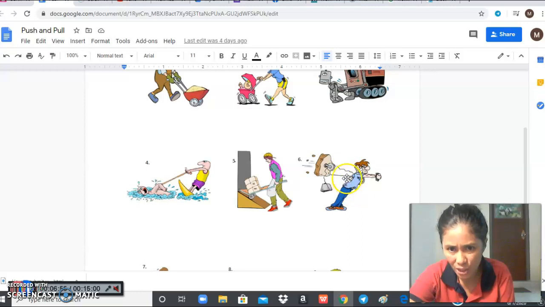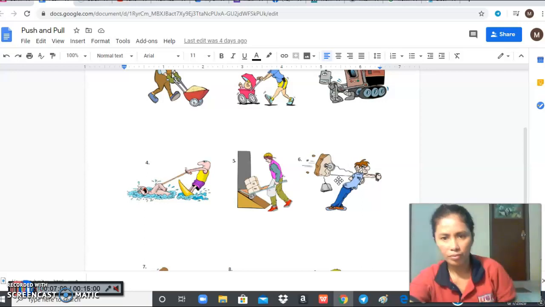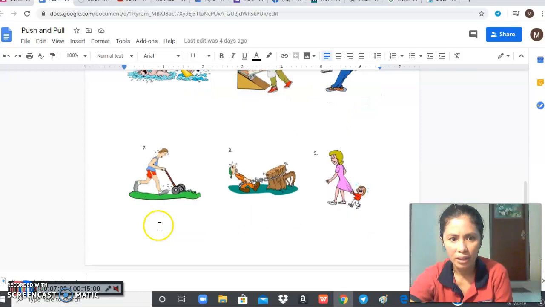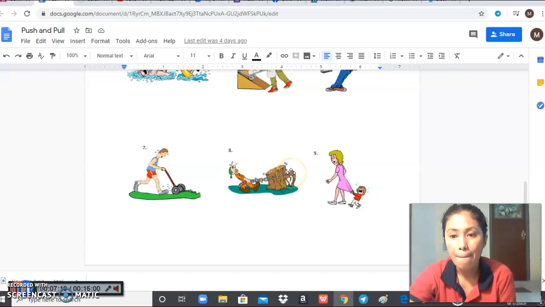He is doing exercise, so he is pulling. How about this one? Cleaning the yard. He is pushing, right? How about this one? It's like a dwarf, an elf. He is pulling the wood. And look at the mom. The baby is crying and the baby is pulling the mom's clothes.